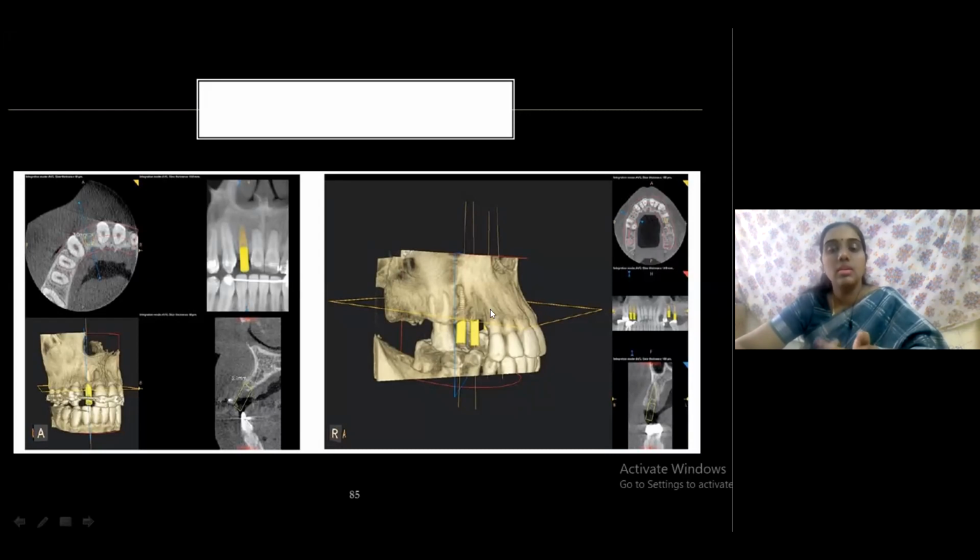So we can place that company's implant with that exact width and length, and check whether it is placed properly, whether there are any perforations, fenestrations or dehiscence, or whether it is hitting any anatomical landmark.